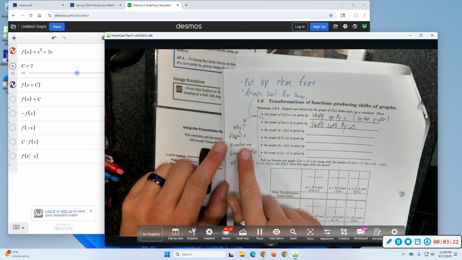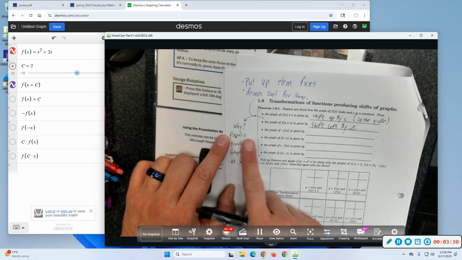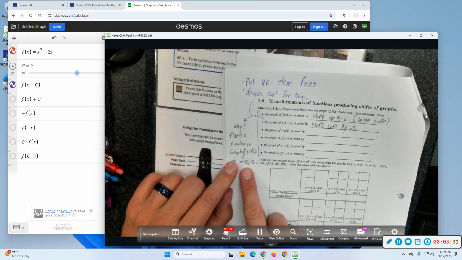So, what does this say? This says if you want to get the y value on this graph, you should look at the y value on that graph, but over to the right.